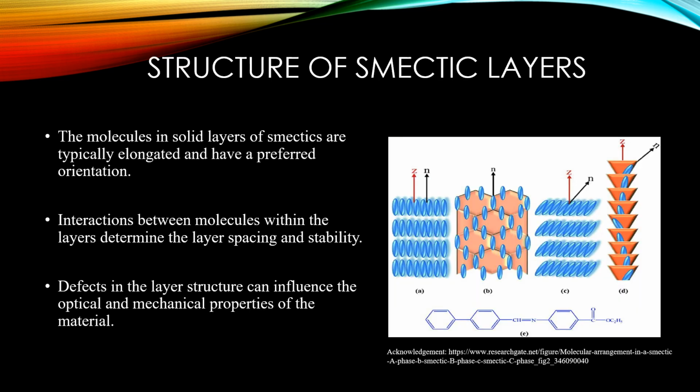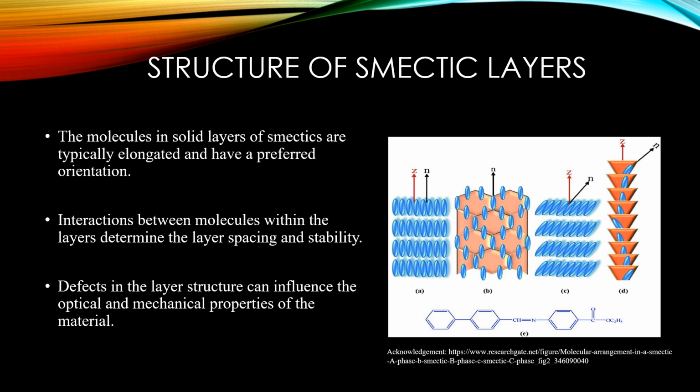Smectic liquid crystals are characterized by their unique layered structure, where the molecules can exhibit both orientational and translational order. The molecules in solid layers of smectics are typically elongated and have a preferred orientation. Interaction between the molecules within the layers determines the layer spacing and the stability. Now the molecular arrangement in smectic layers.